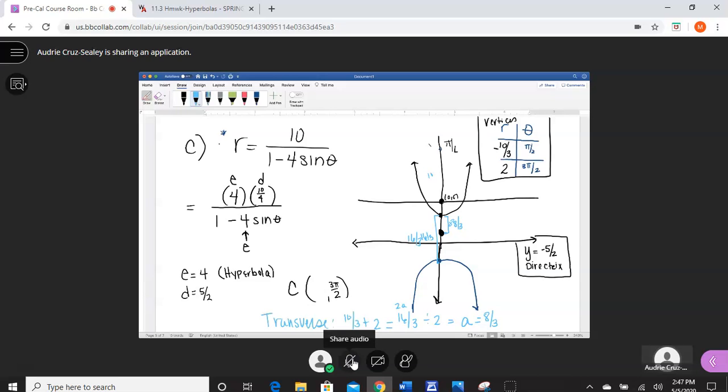But we don't, and this distance, oh, I see what you're saying, is the 2. So you actually have to add the 2 and the 8 thirds, and that gives you the center. You're right, I'm wrong. I got too fuzzied. So it's 8 thirds and the 2, which gives you what is that? 14 thirds? 14 thirds.